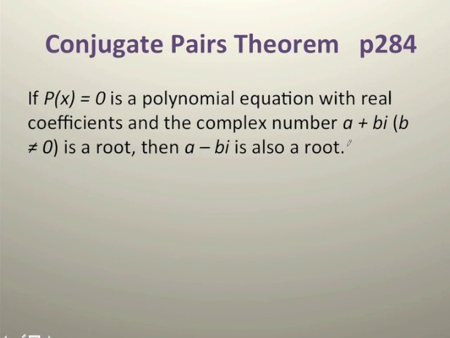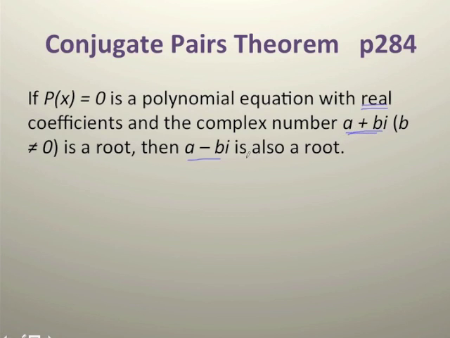Now, you might have noticed on those last two that we had a plus or minus i, and then we had a negative 1 plus or minus i. If p of x equals 0 is a polynomial equation with real coefficients, now, it does specify we have to have real coefficients, no complex ones, and if the complex number a plus bi, where b is not 0, so it has an i part, is a root, then automatically a minus bi is also a root.